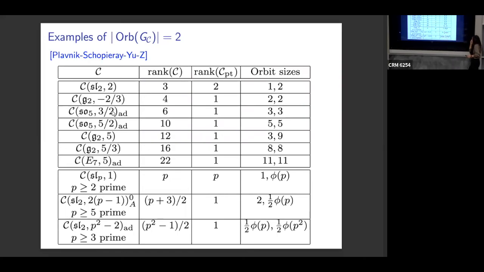And there are 2 other infinite families, which are also simple modular tensor categories, which means that they have no non-trivial fusion subcategories. So these are the examples when we study the Galois group with orbit 2.